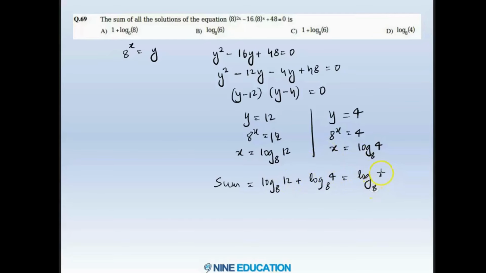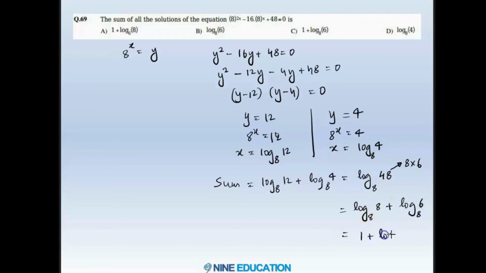So with base 8 I can write this as 48, but again this 48 I can express as 8 into 6, and again I can apply the log m into n formula, so it will become log 8 with the same base and then log 6 with base 8. So overall it is 1 plus log 6 with base 8, that is option number C.